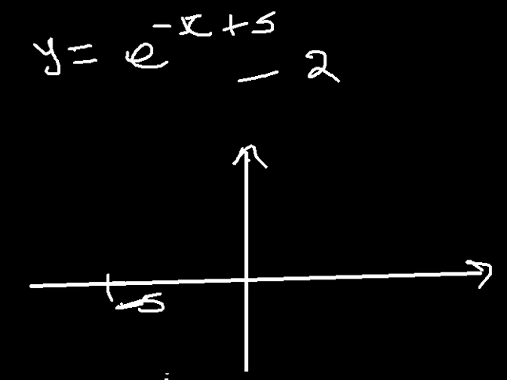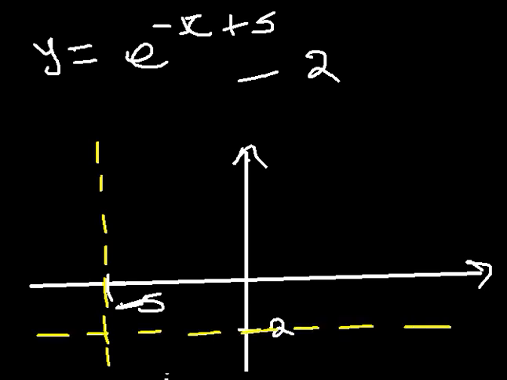So we'll come up with the vertical line that will go like that. And the graph is translated 2 steps down. Let's say this is 2. Then we'll have the line that will go like that.